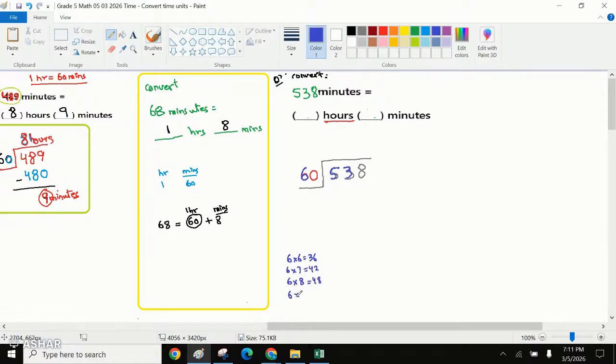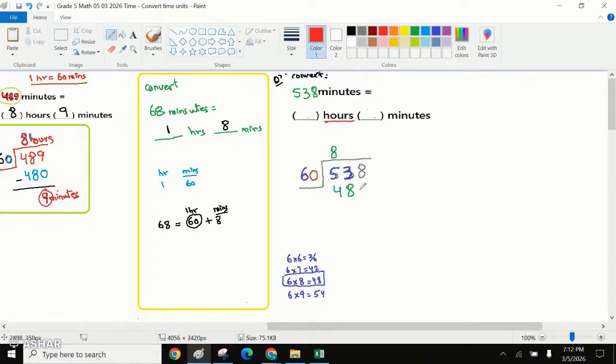And 6 times 9 was 54. So the closest number to 53 and smaller than 53 would be 6 times 8. Agreed? So 6 times 8 was 48.